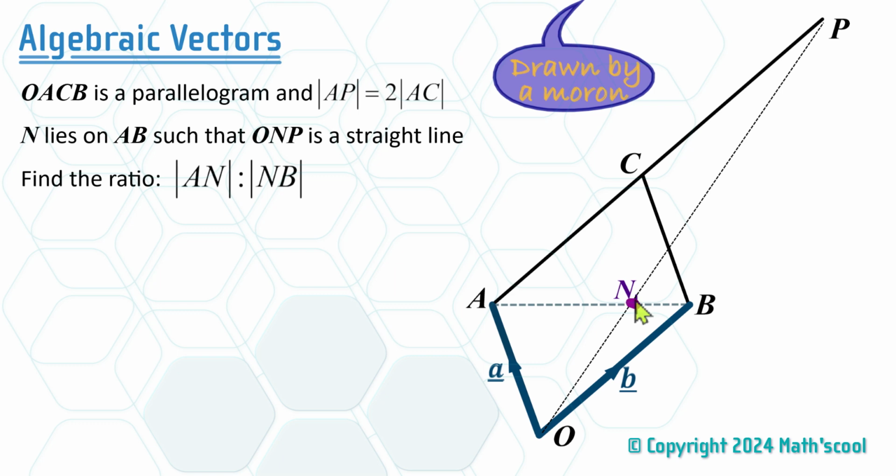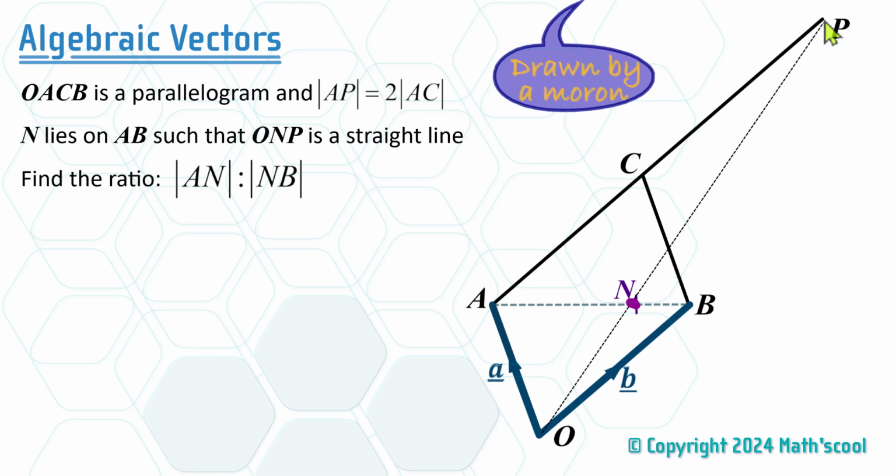Okay, so what we're going to do is we're going to find out the vector from O to N, and then we're going to find out the vector from O to P, and then we're going to say, look, they need to be parallel to each other. They're actually collinear because they start from O. That's how we're going to answer the question.